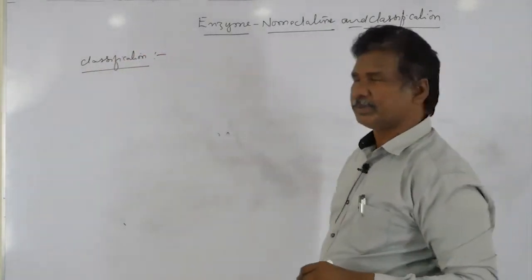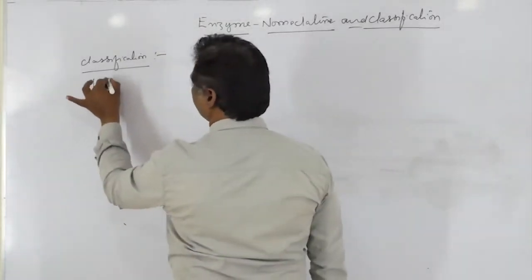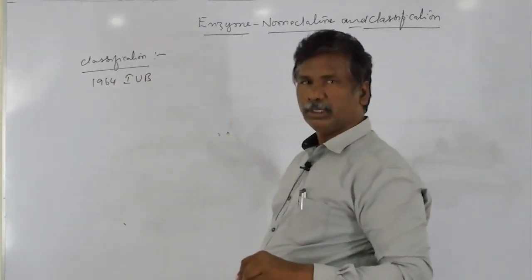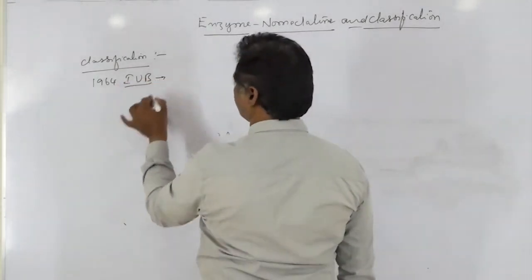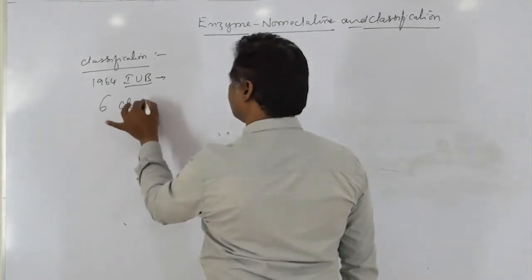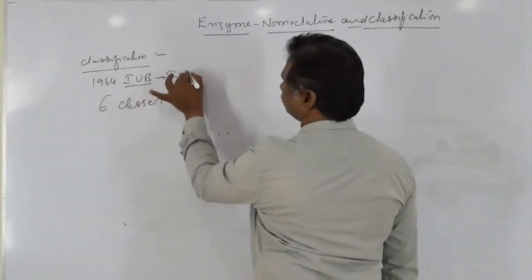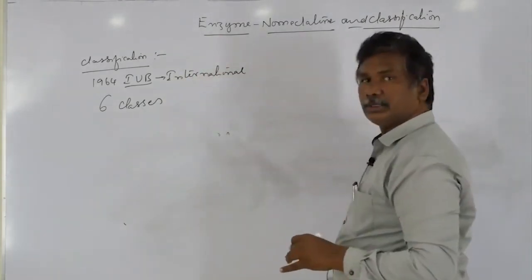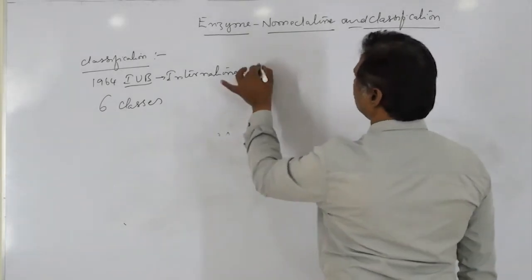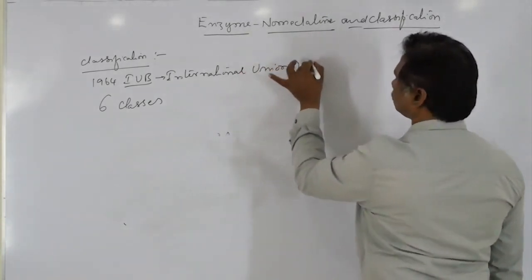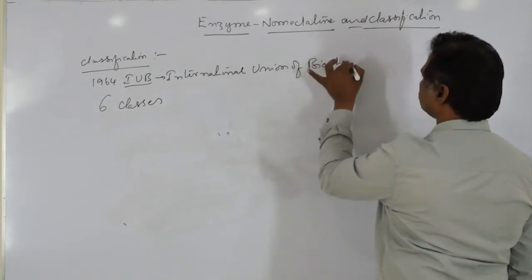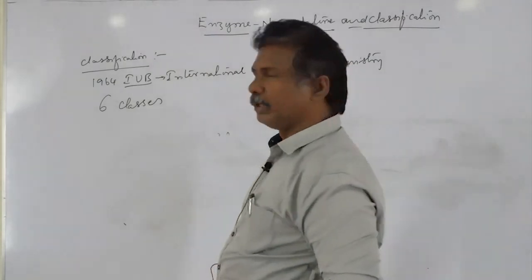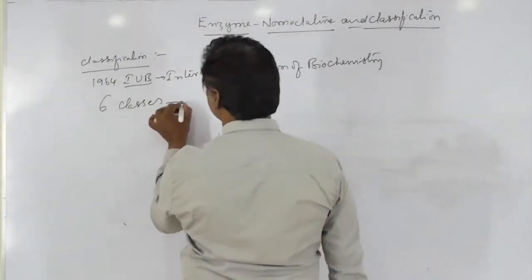Classification of the enzymes. In 1964, the IUB, International Union of Biochemistry, classified enzymes into 6 classes.